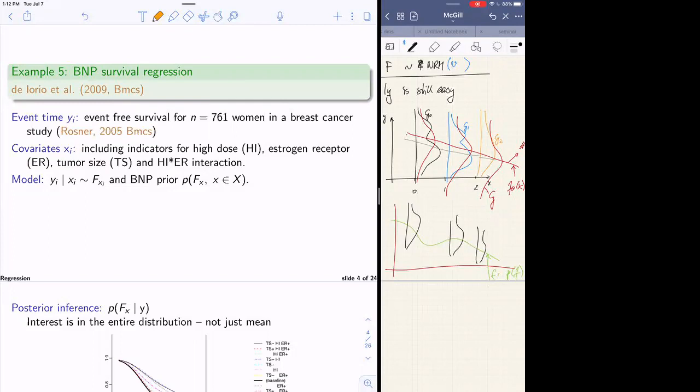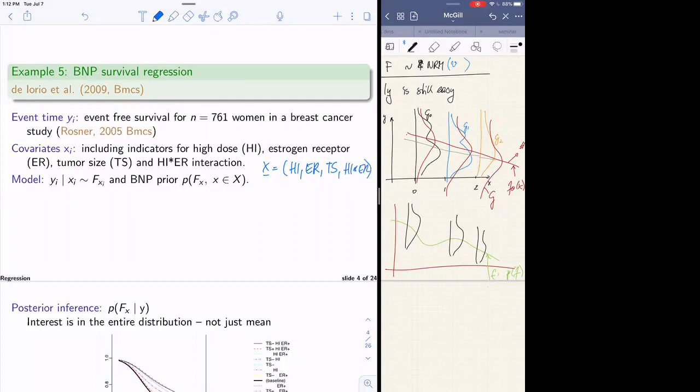So we have now a covariate vector X. That covariate vector is an indicator for high dose, an indicator for estrogen receptor, tumor size that's continuous, and high dose times estrogen receptor.